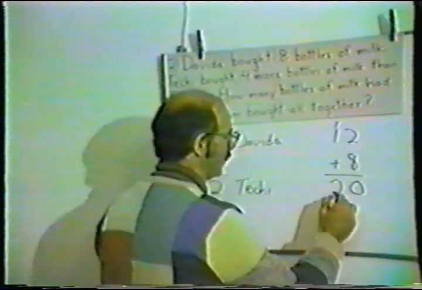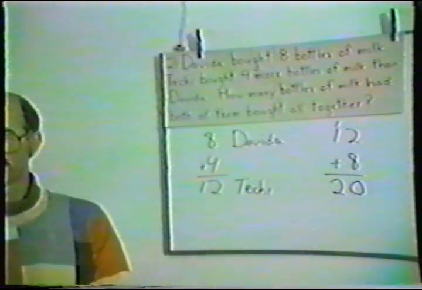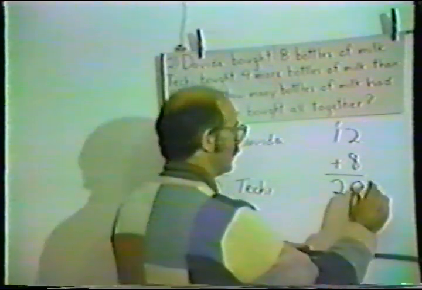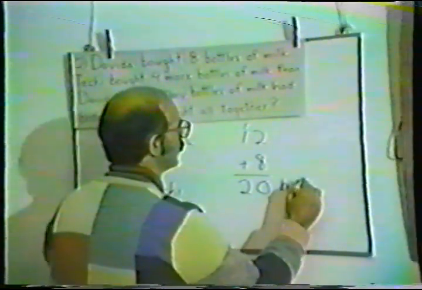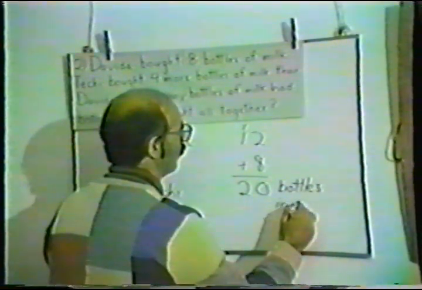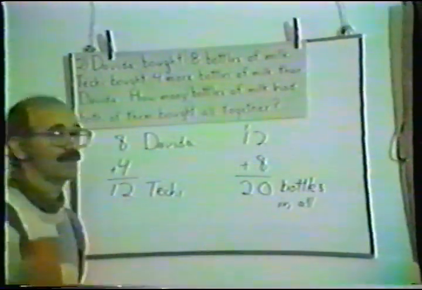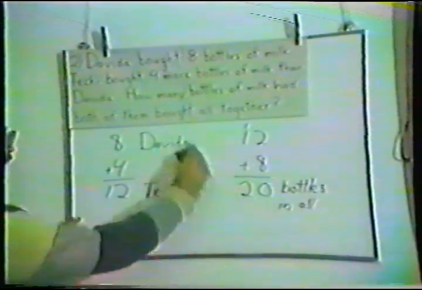The answer is 20. 20 what? Bottles of milk. 20 bottles of milk. And we might say 20 bottles in all or all together, because that's what both of them bought.